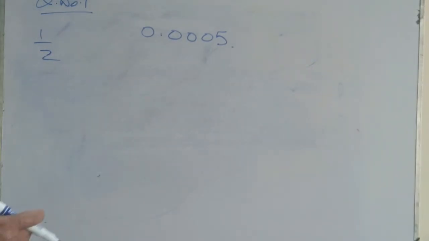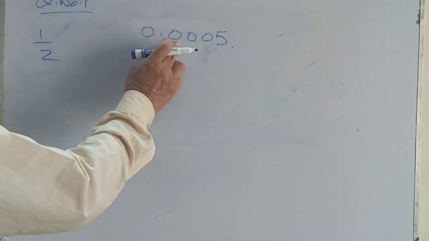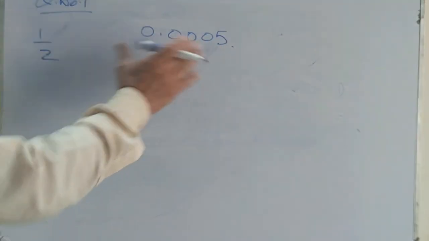Since it is written 0.0005, this is the decimal fraction. The common fraction was known like this. You have already done these sorts of fractions, but this is the decimal fraction.